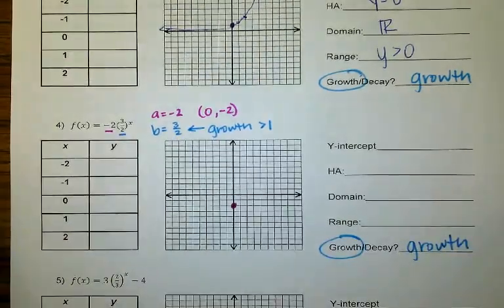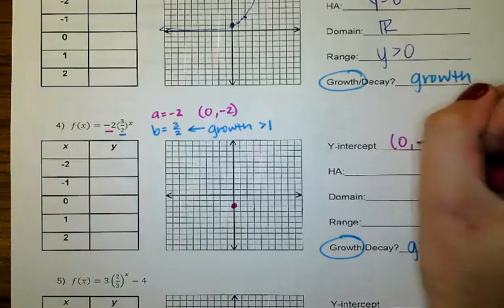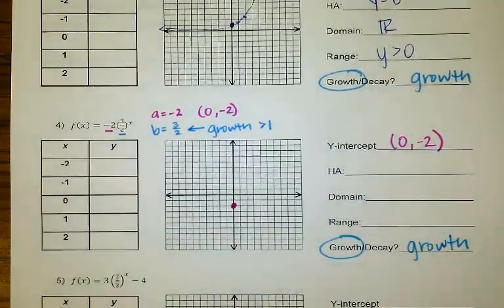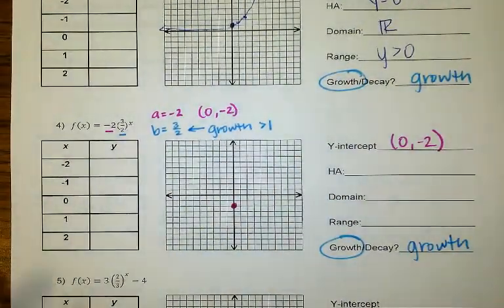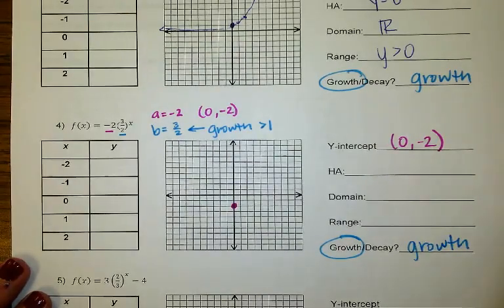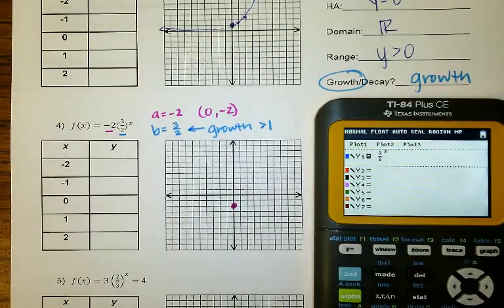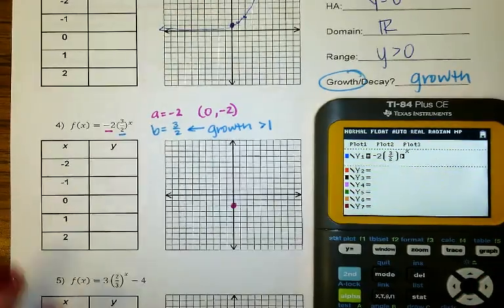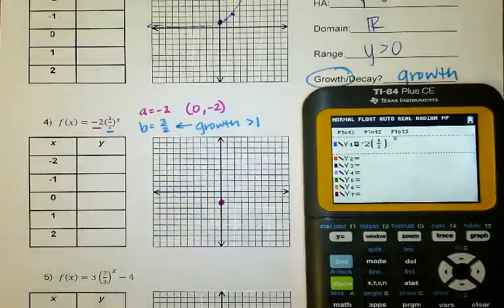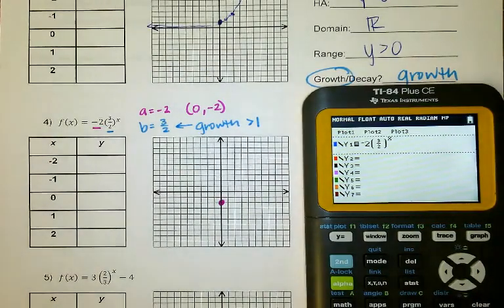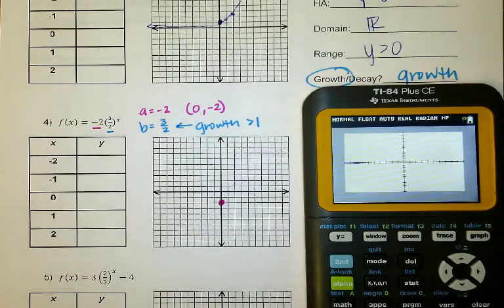Okay? Now, one thing I want to show you that's a little bit weird about this is that if we have this function here where we have -2 times (3/2) raised to the x power, guys, that negative doesn't just put my y-intercept at -2, it also reflects my graph. It kind of like, whoop. Now, it's not growing in the positive direction. What is it growing in? The negative direction.